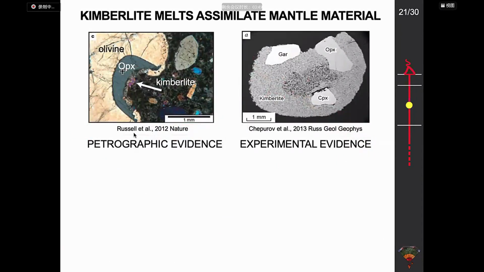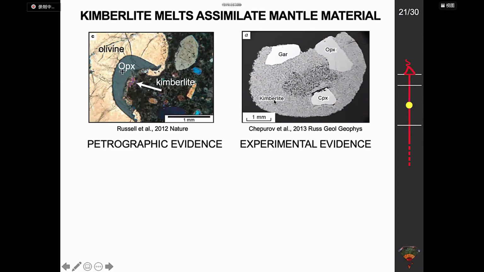So we have indeed extensive petrographic evidence, as you can see, for example, from this image up here on the upper left side, whereby orthopyroxene to a major extent, but also clinopyroxene and other phases, including olivine, are resorbed in kimberlites. Here you can clearly see this resorption feature for orthopyroxene that seems to be eaten by the kimberlite melt that then crystallized the groundmass.